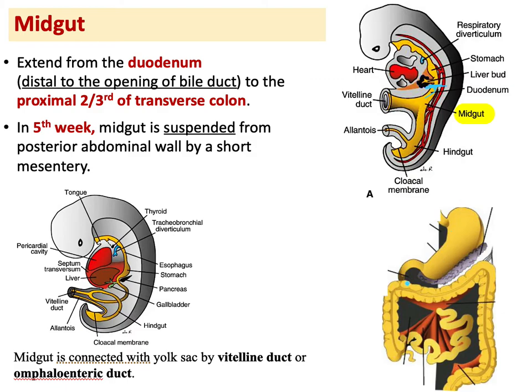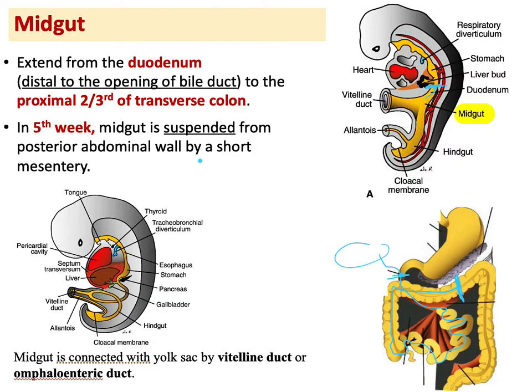That means the midgut starts, if this is the opening of the bile duct, from here distal to it: from the second part of the duodenum, then jejunum, then ileum, cecum, ascending colon, and the right 2/3 of the transverse colon, or we call it the proximal 2/3 of the transverse colon. So these parts represent the midgut. Now from there would be the hindgut.